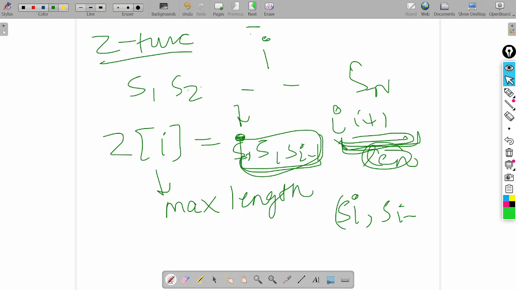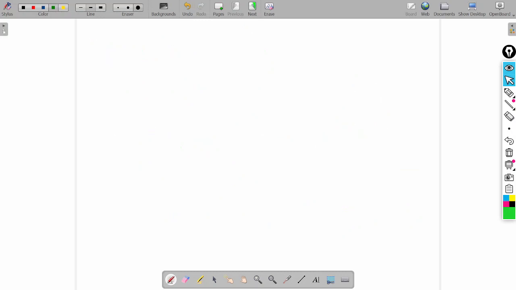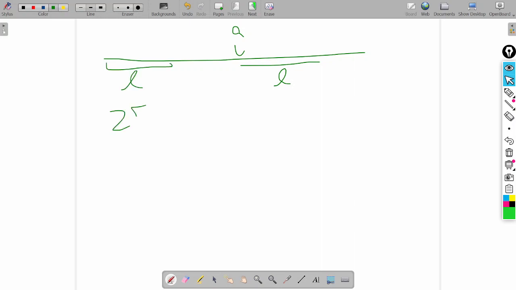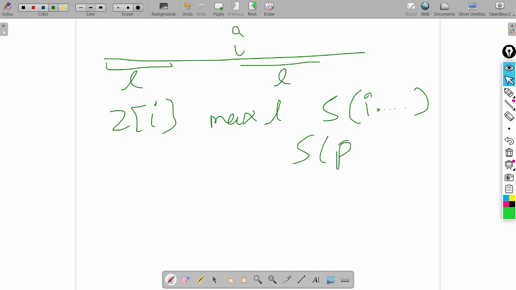So this will give the max prefix which matches. Once again, if this is our string and we start at i, then Z of i is the max length L such that the string starting from i going onward is the same as the prefix starting from 0. This gives the max length.